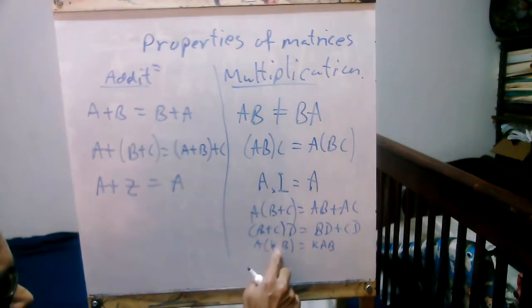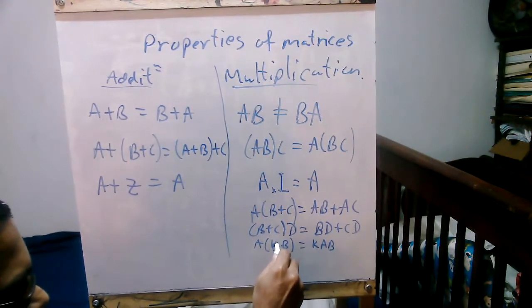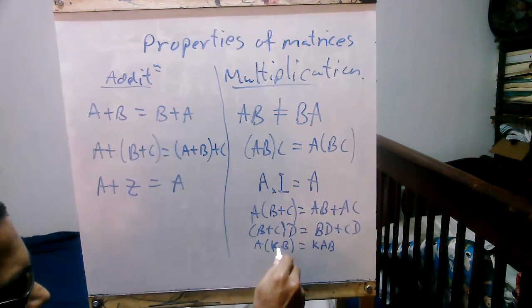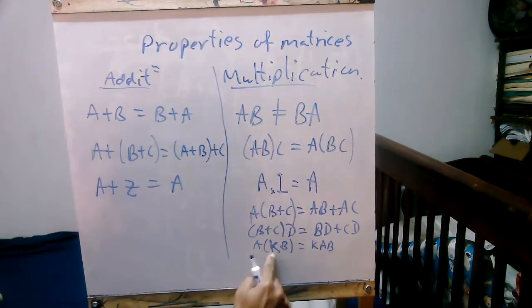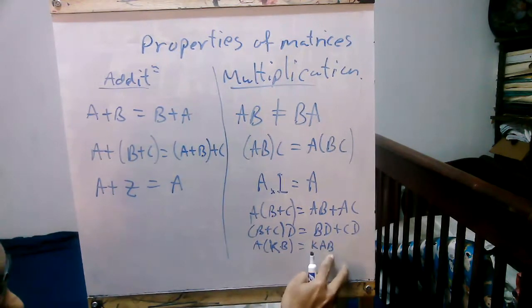This looks different. A times KB equals, we can take K out, K times AB.